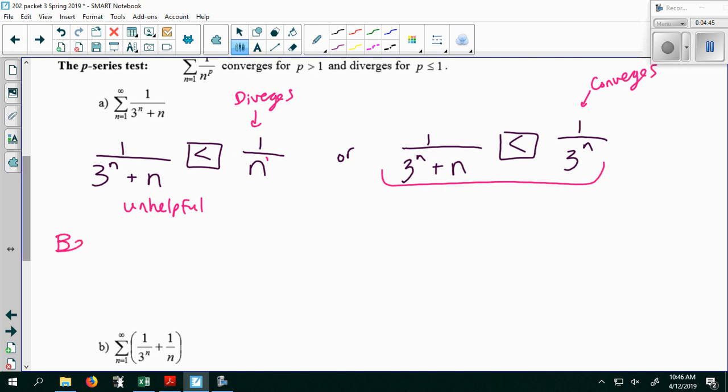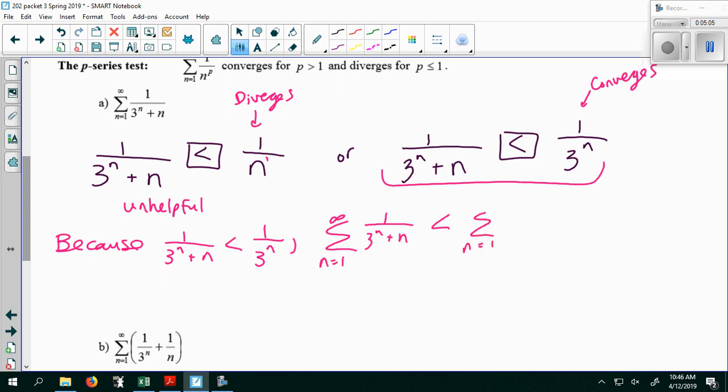Because 1 over 3 to the n plus n is smaller than 1 over 3 to the n, the sum from n equals 1 to infinity of 1 over 3 to the n plus n is less than the sum from n equals 1 to infinity of 1 over 3 to the n, which converges.